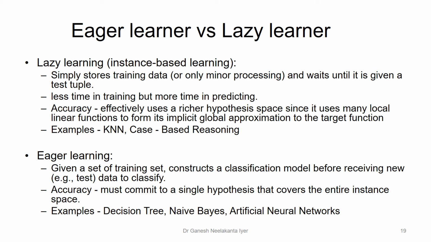Like most of us, right? We study a day before the exam. Eager learners are the most studious guys in the class. The moment they get a training data set, they construct a model, and they are ready to be tested anytime. They must commit to a single hypothesis that covers the entire instance space. Things like decision tree, naive Bayes, and artificial neural networks are all examples of eager learning.